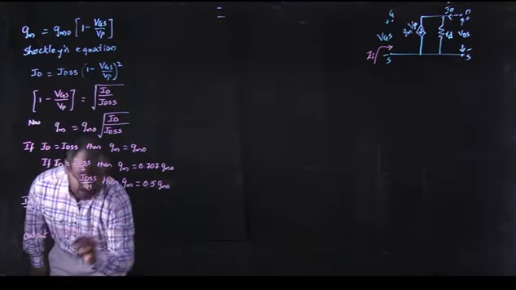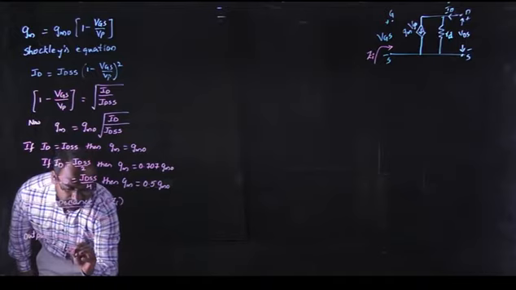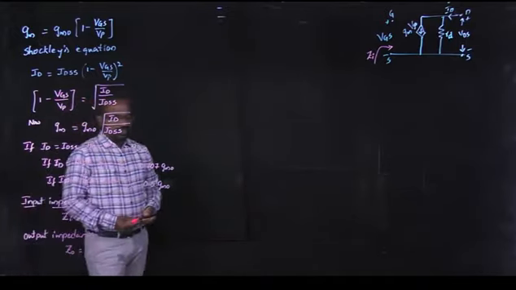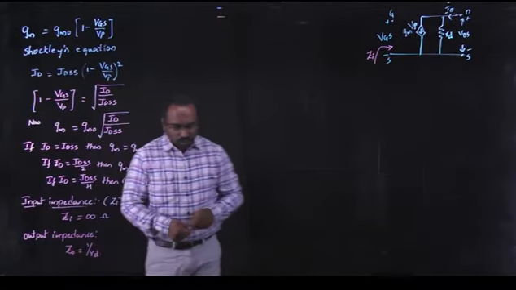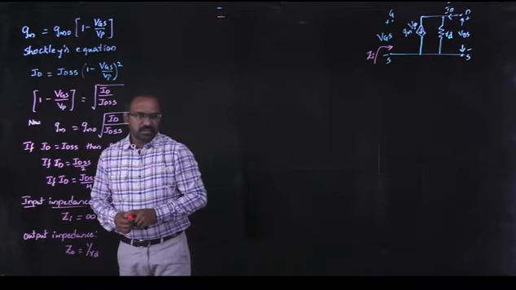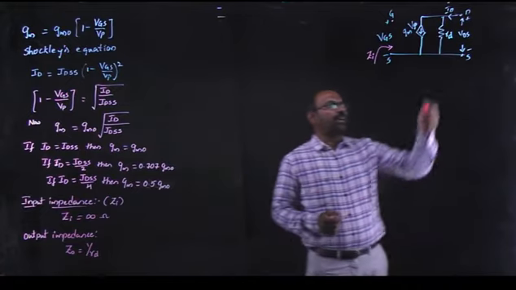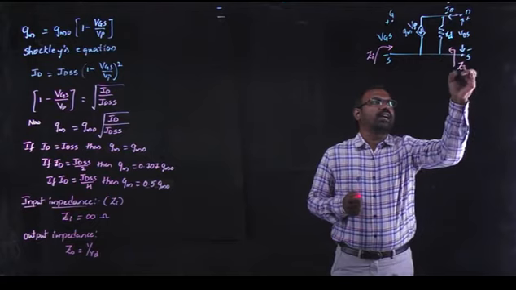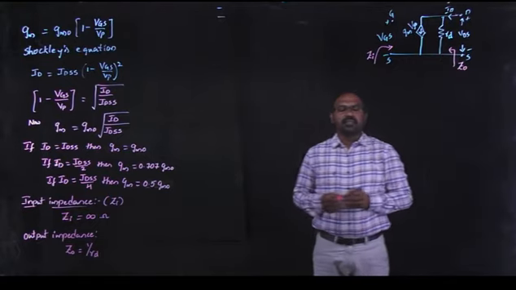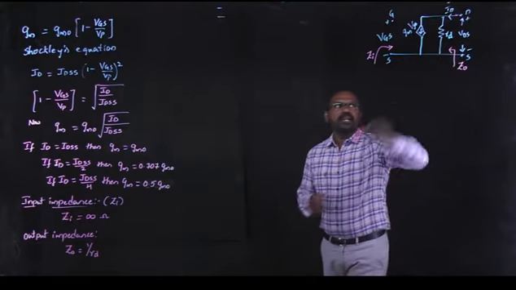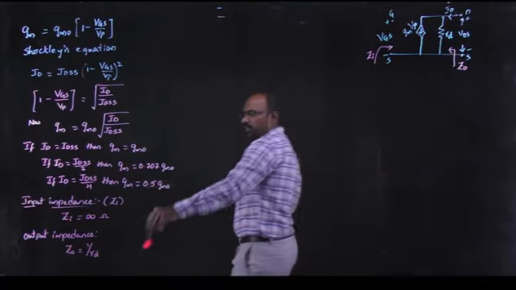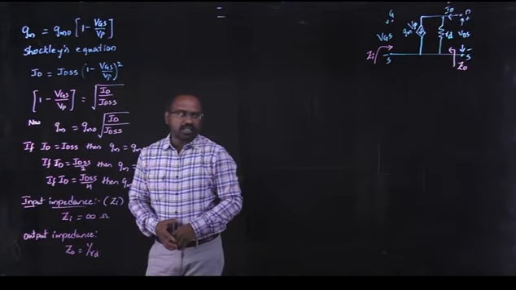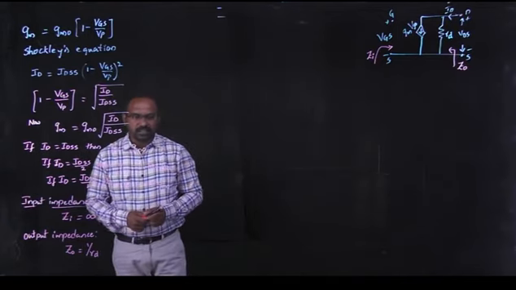The output impedance Z0 will be equal to RD. Why? Because when you look from the output, the only resistance you have is RD. So this is the output impedance.